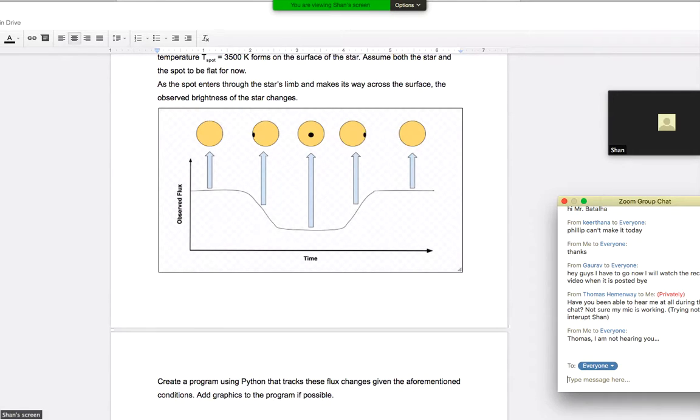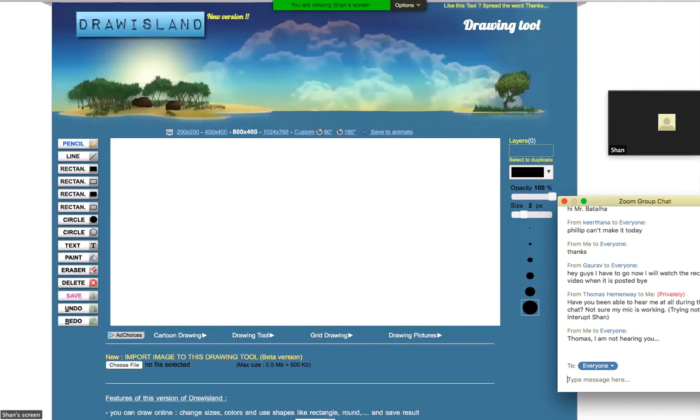So you have the two poles pretty much with a hot spot sitting on them. So when one spot comes into view, probably the other one is going out of view. You have this dancing going on, and it would be cool to see what type of curve you would get.